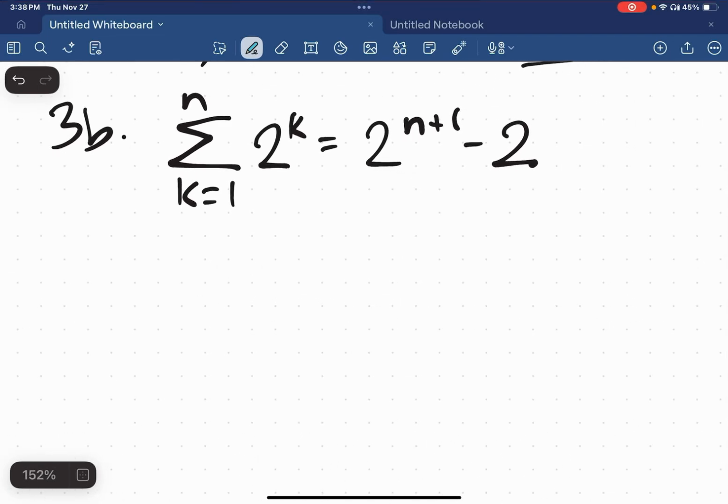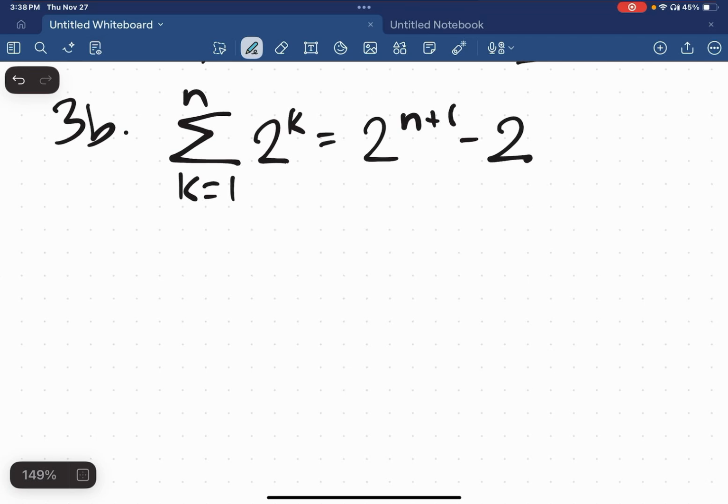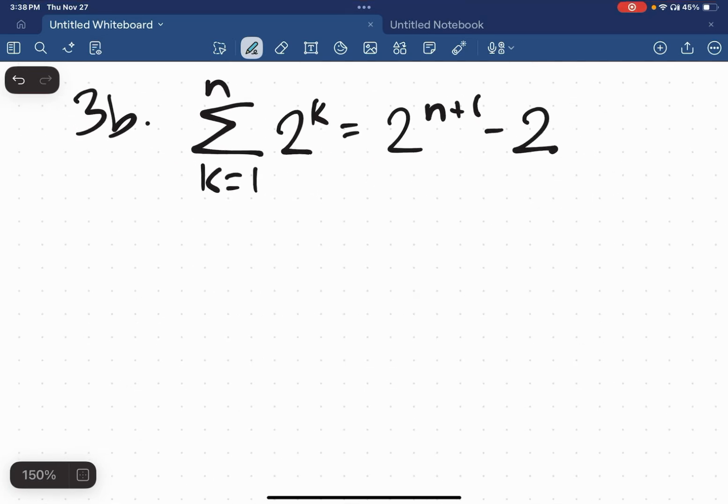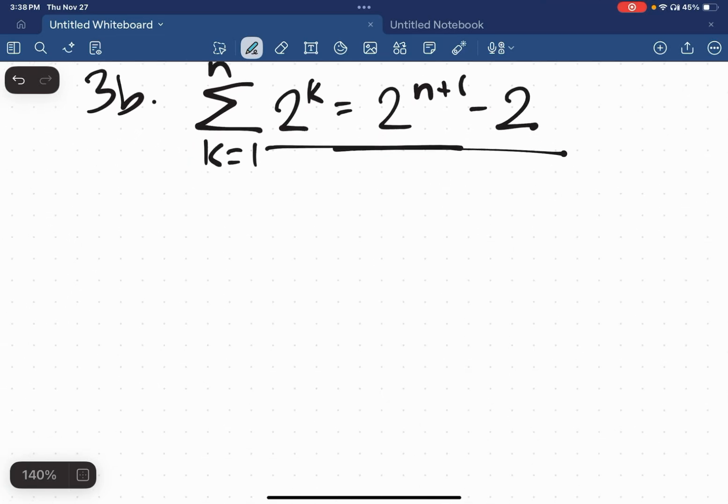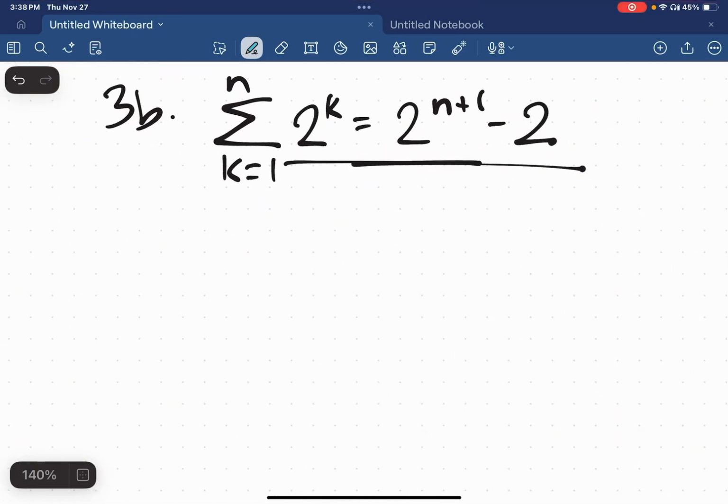And remember, the reason why this works is from the exercise, not the exercise earlier on, but what it gave us in the textbook, this is just equal to the summation of this. It's just a fact. I won't explain it right now, but let's continue.